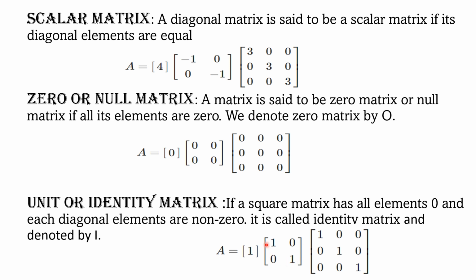See, in this, non-diagonal elements are 0 and diagonal elements should be equal to 1. Okay, understood? Moving to the next one.